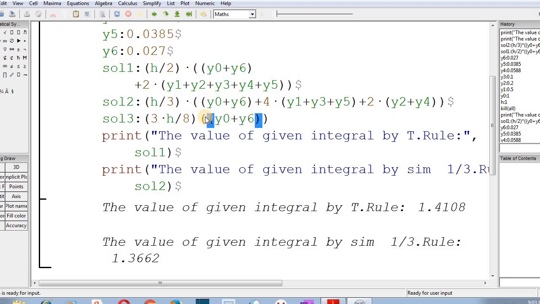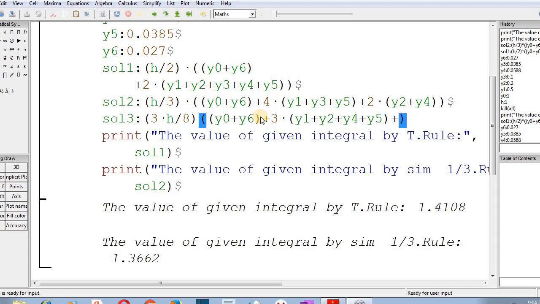In the second bracket I have to take plus, and what will be there in Simpson's 3/8? 3 times y1, y2, and in one more bracket, y1 plus y2, y4 plus y5 will be there, y6 will not be there.